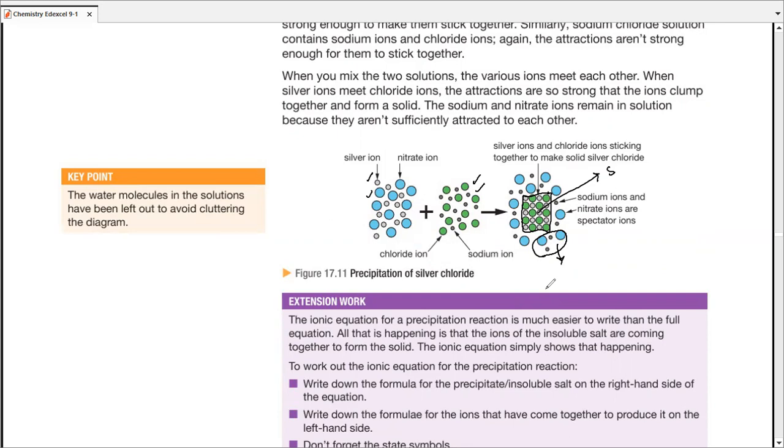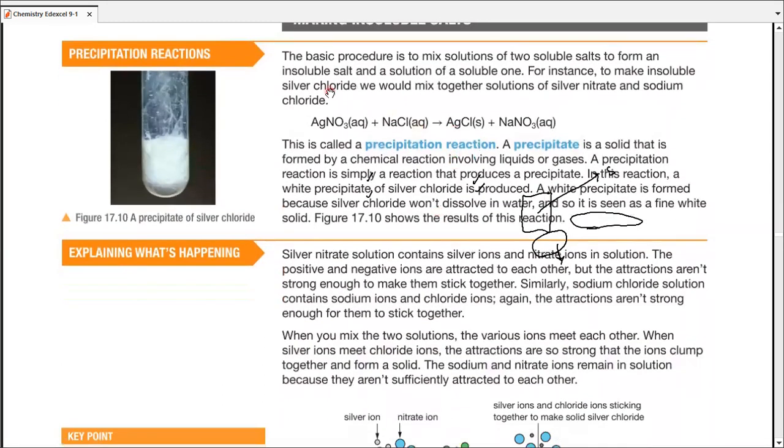But we have drawn them separately since they are also spectator ions. These are not the ions we are interested in this reaction. We call them spectator ions. Let me clarify myself from the equation above. Now, if you see this equation, you would know that this is the salt that we are interested in.